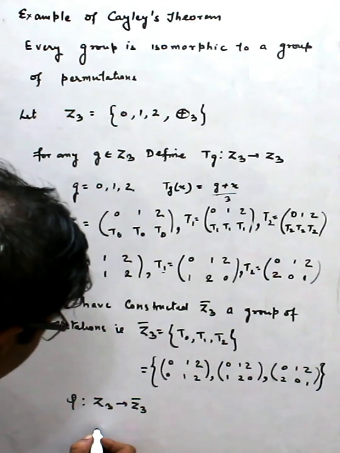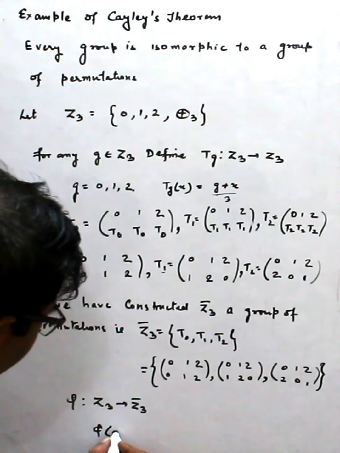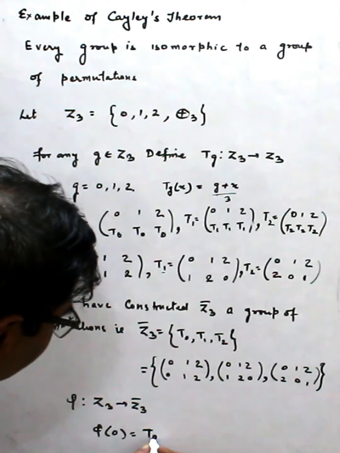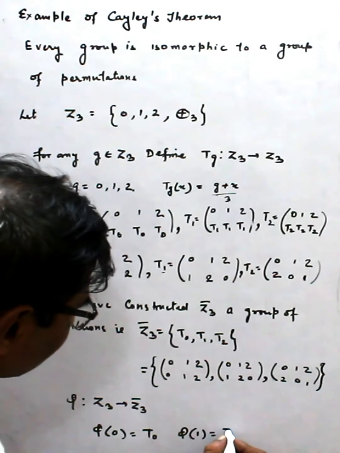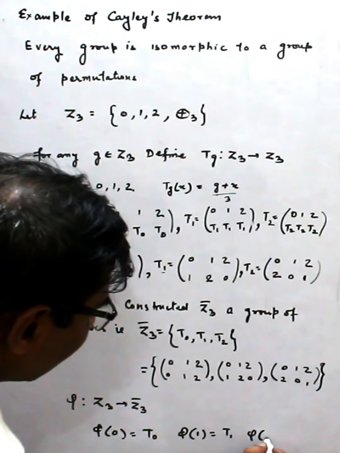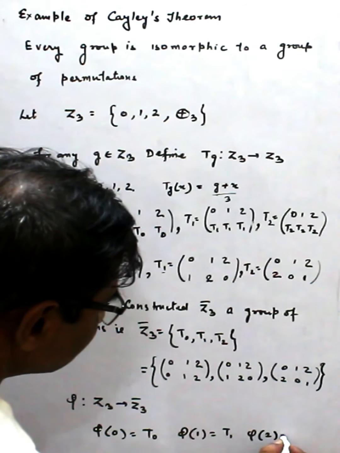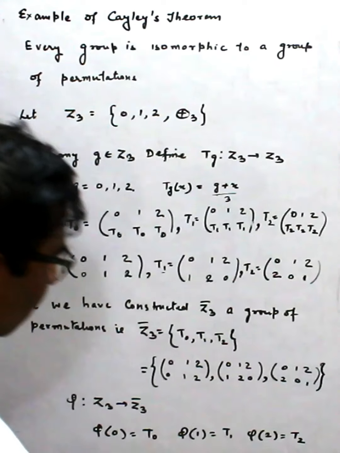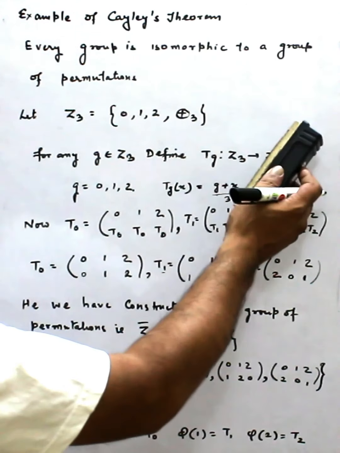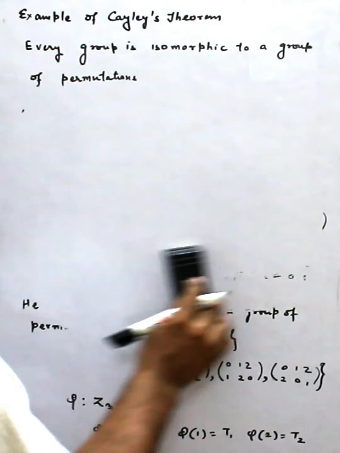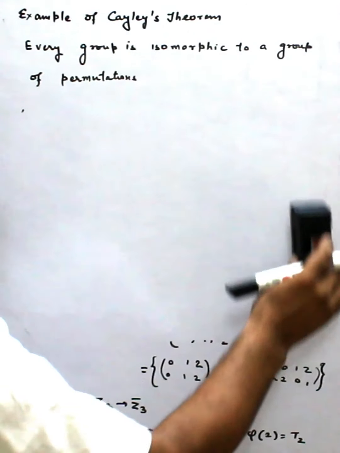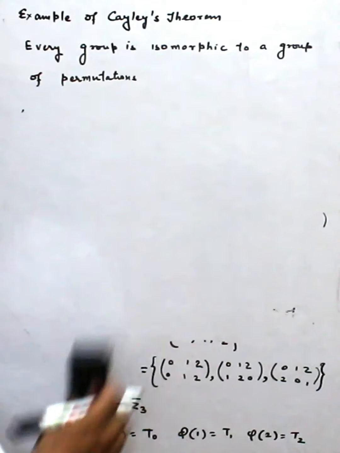We define phi 0 is equal to T0, phi 1 is equal to T1 and phi 2 is equal to T2. So we make the Cayley table, so we can prove everything, that it is a group.